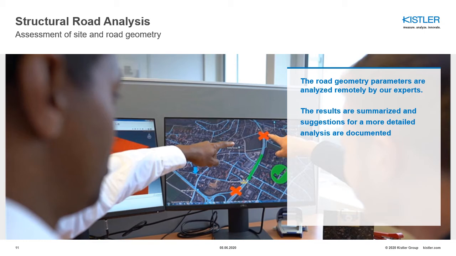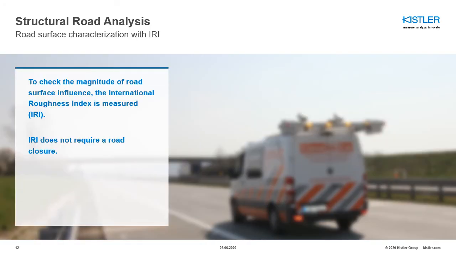The results are summarized and suggestions for more detailed analysis are documented. The second step is to check the magnitude of road surface influence when the IRI is measured. This service doesn't need a road closure.